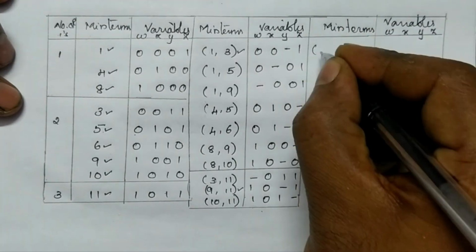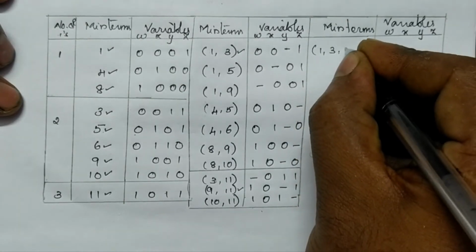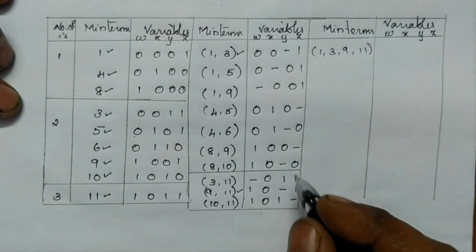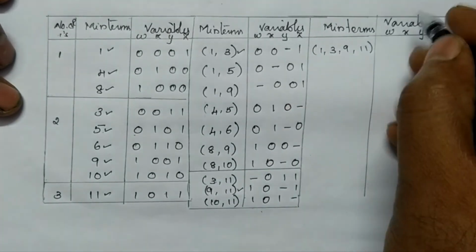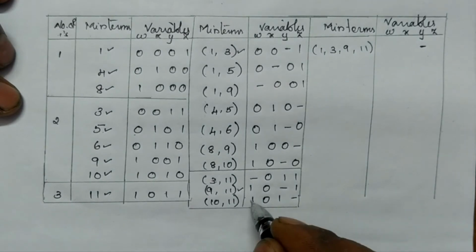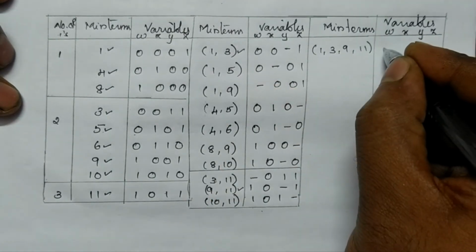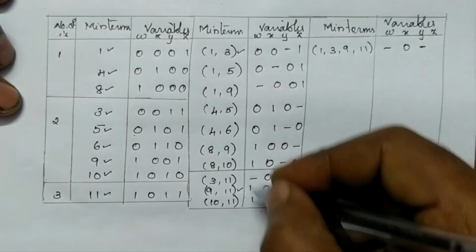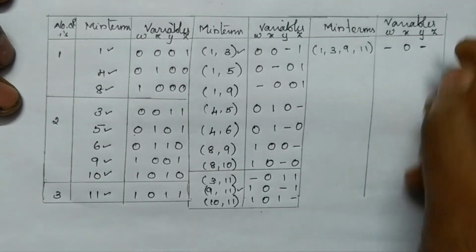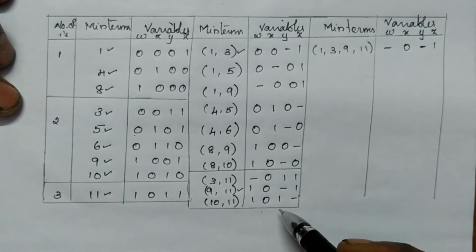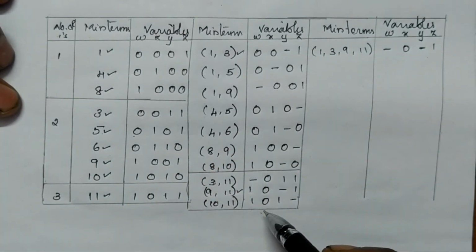Therefore here 1 3 9 11 and the terms are here at the third place we already have the hyphen and the first bit we are having the 0 1 change. Remaining bits are same. So here it's 0 and here 1. Likewise other values it's not possible.